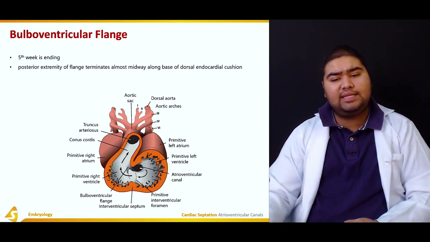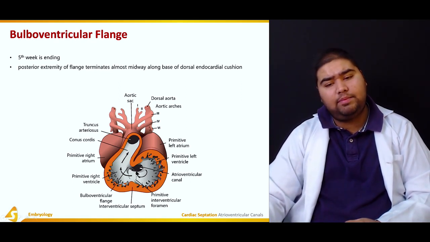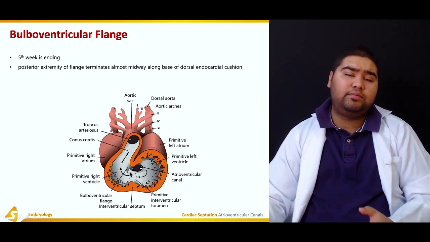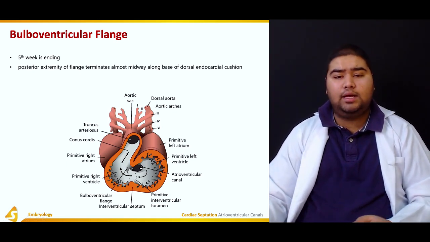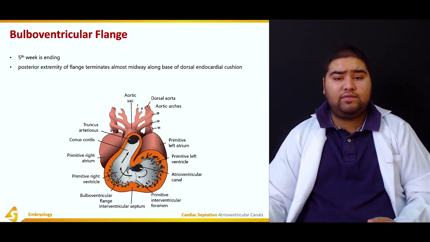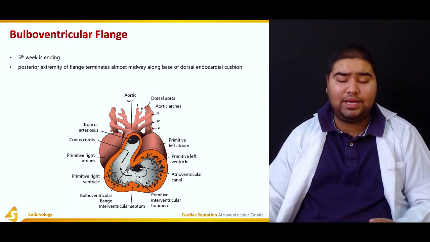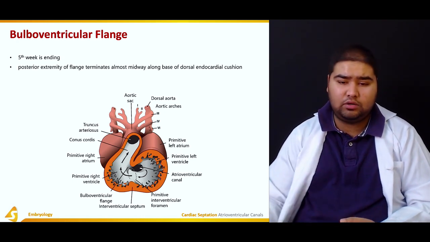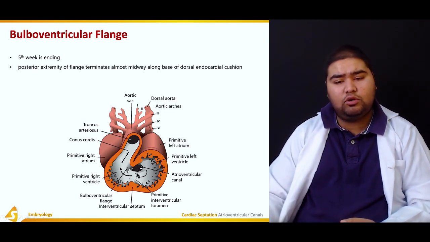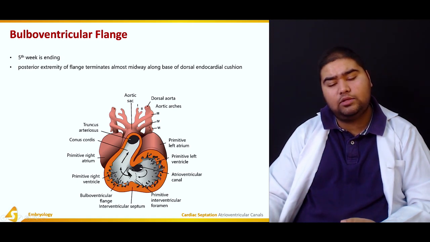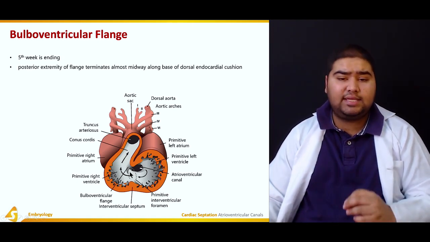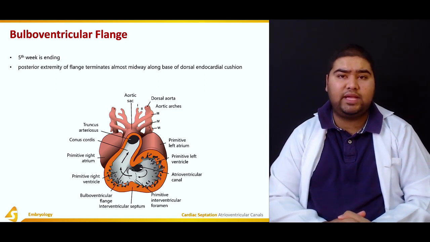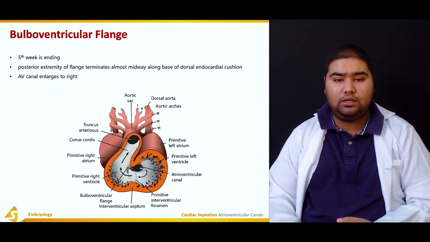The posterior extremity of the flank, which is separating the AV canals from the bulbus cordis, terminates almost midway along the base of the dorsal endocardial cushion. So here is where the dorsal endocardial cushion might lie.